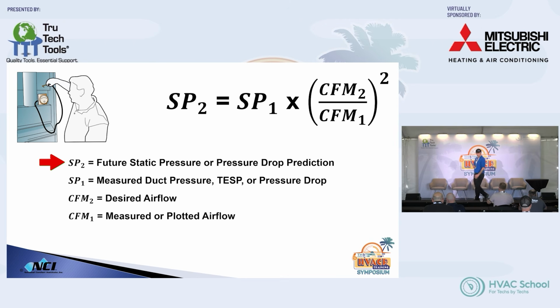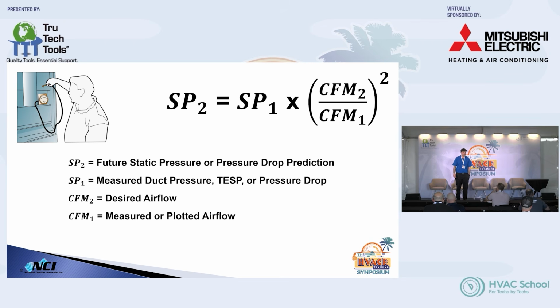So SP2 is what my predicted static pressure or pressure drop is going to be. SP1 is our measured duct pressure, TESP, or pressure drop. We could use fan law 2 if we're looking at pressure drops across evaporator coils. We could use it for pressure drops across filters, although it's a little bit of a different nuance if we want to get it very exacting.